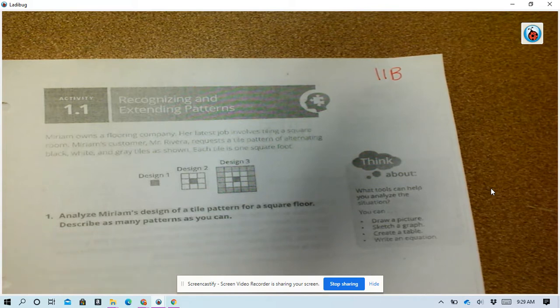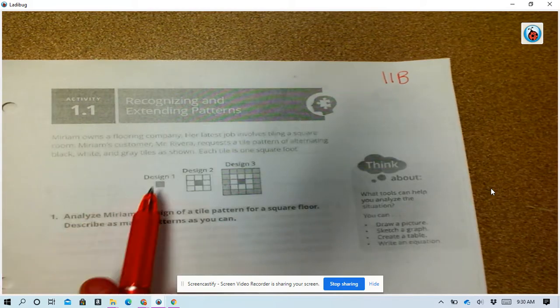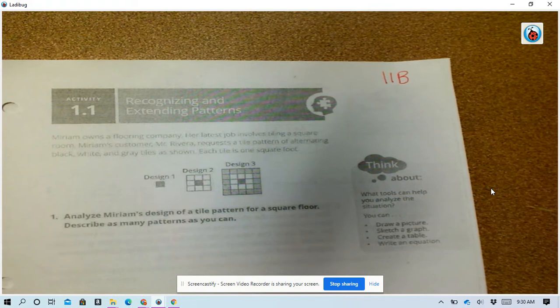Describe as many patterns as you can. So I would pause this video and take a look at these patterns, mathematically or not, write down what you notice. If you have not paused the video and you're waiting for me to give you the answers, I suggest that you pause it and give it a shot.